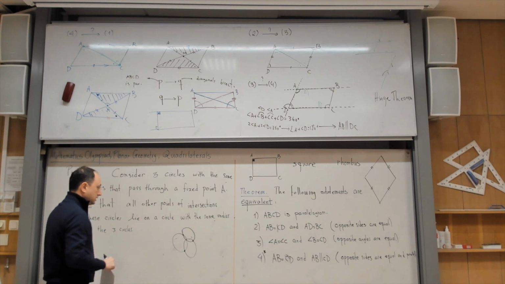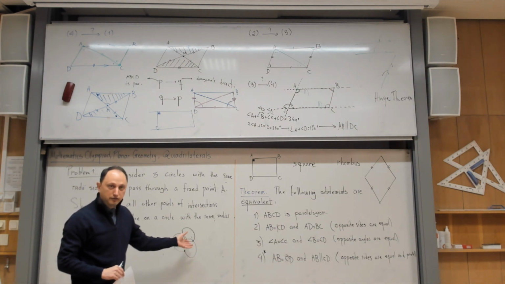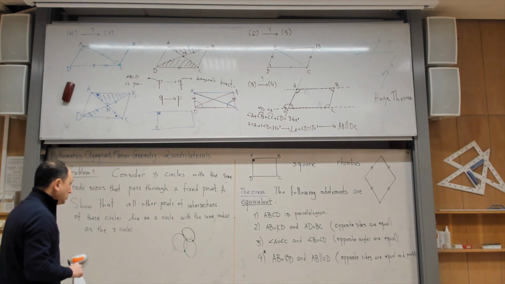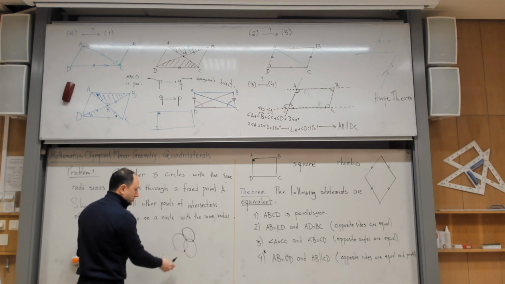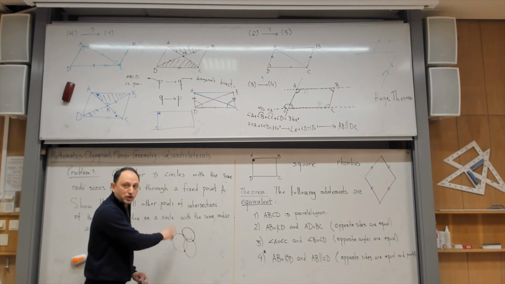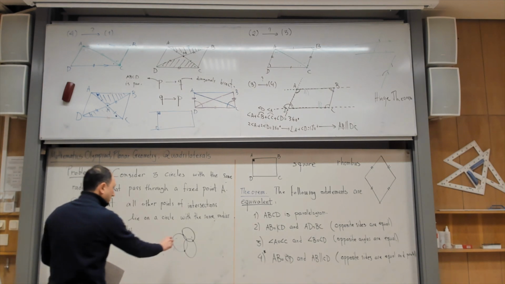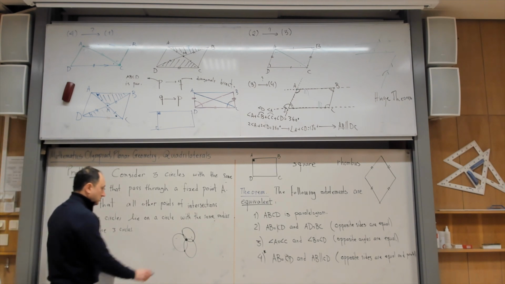I have freedom, of course, because they can move around, so they have infinitely many possibilities. I don't know how to draw it, but you need to consider all possible scenarios. So maybe I can draw it inside here, and then I will have another intersection point. So it doesn't matter. Where is A in this? A is here.